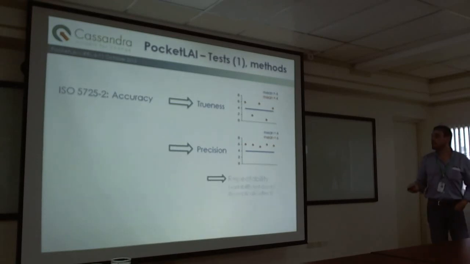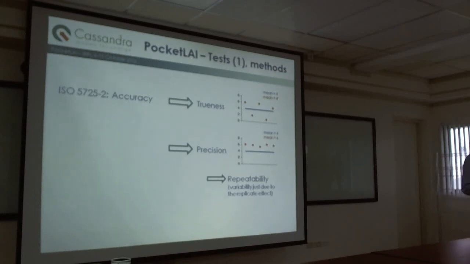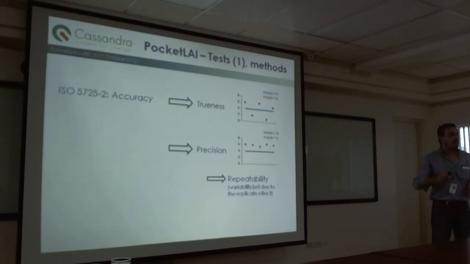Moreover, they define precision as composed by two other concepts. Repeatability is when I'm the user, and these are the same conditions: the same user, the same instrument, I replicate the measure many times.